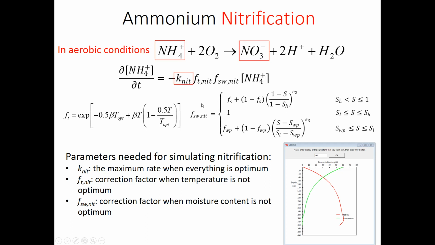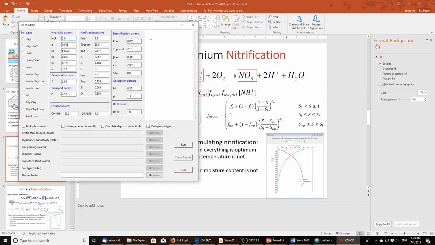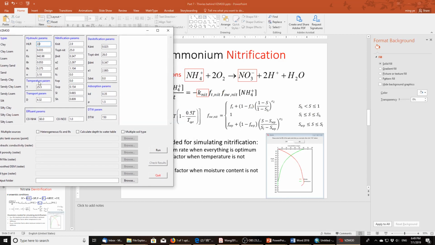So you see, we have a number of parameters here, and those are also related to the VZMOD. Let's go back to the VZMOD. Here we have the optimum temperature, which is right here, and a real world temperature, which is here, and then we have E2, E3, SH, SL, SWP, the wilting point, and so on, and those are all here.